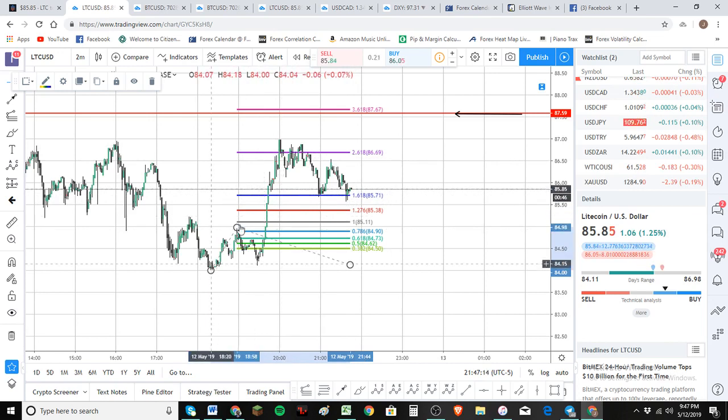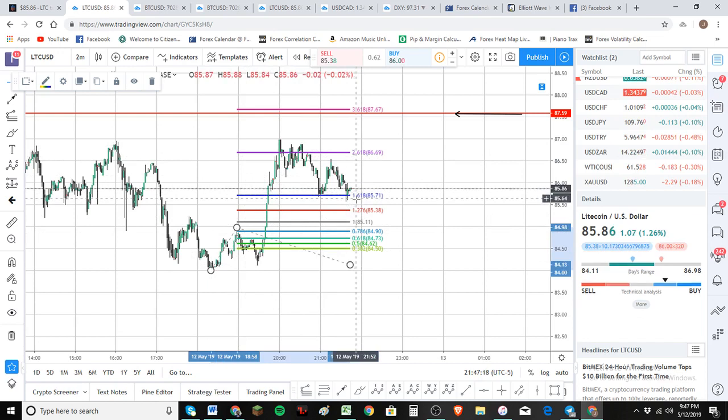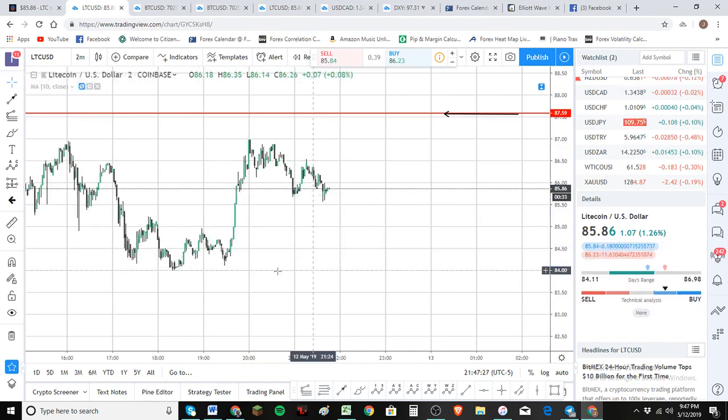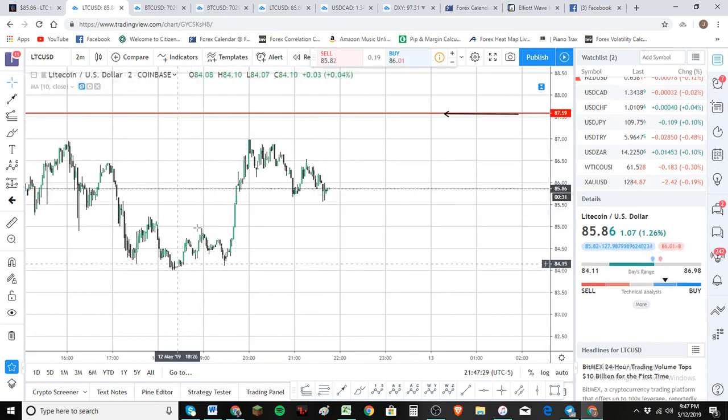Okay, so that would be 1, 2, 3. This is 4 coming down, and 5. Now, if this is the 1 and the 2, and this is the 3, this is the 4 coming down.